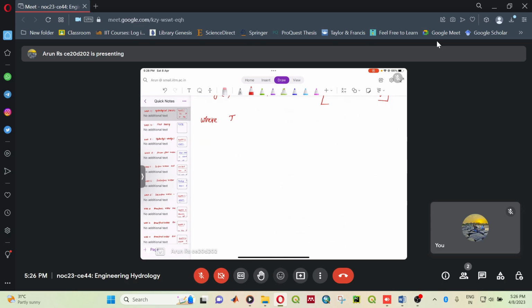where T refers to return period, and there is also one more note.